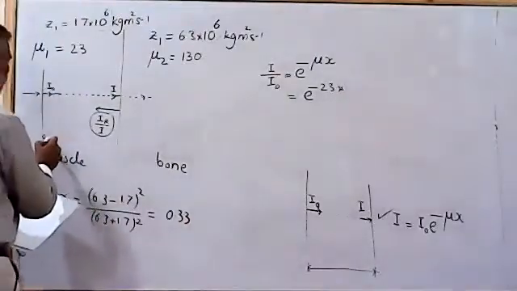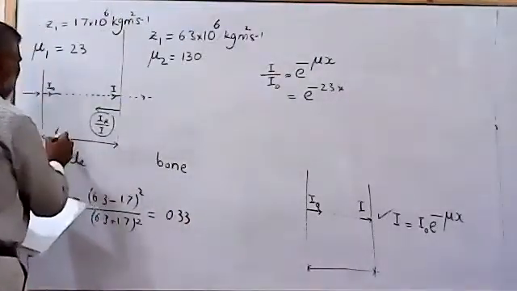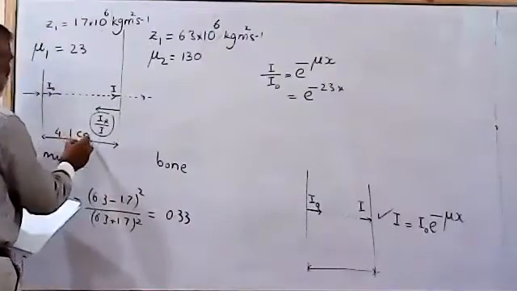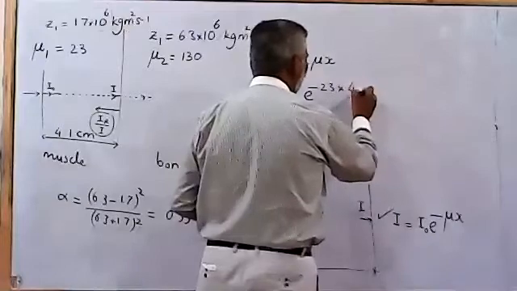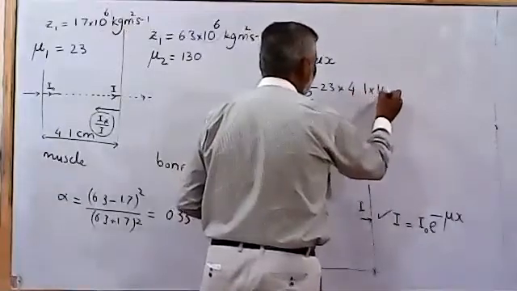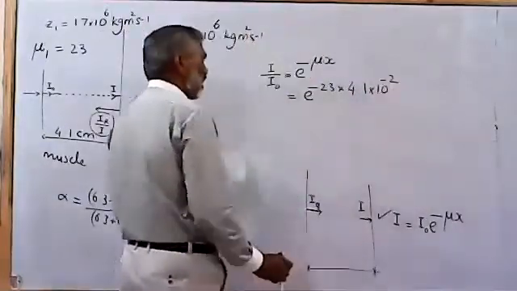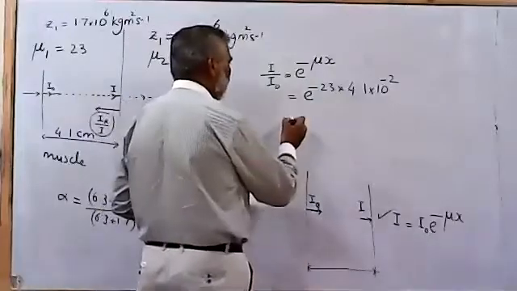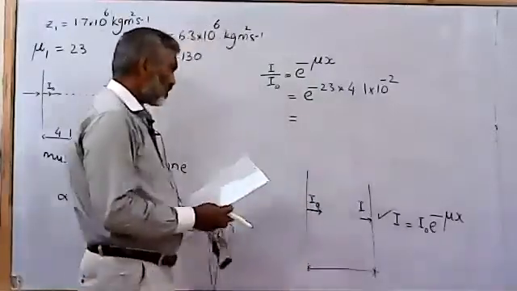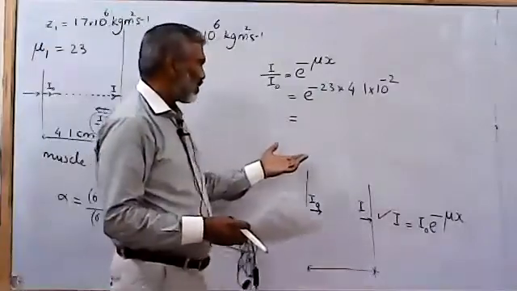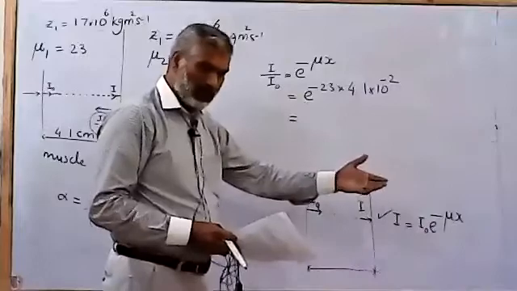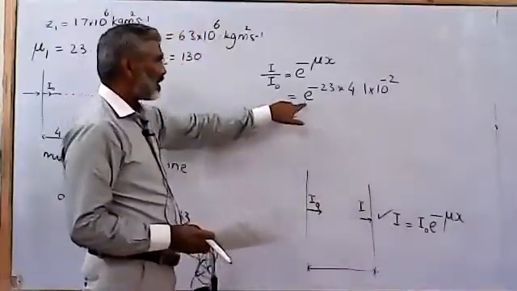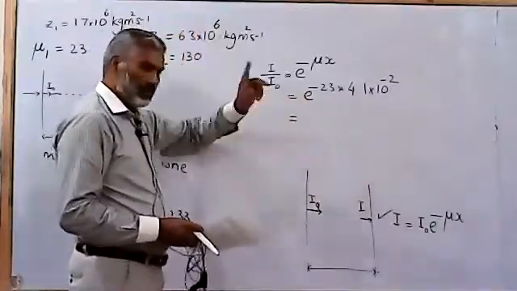The thickness of muscle is given to be 4.1 centimeters. So 4.1 centimeter means 4.1 into 10 raised to the power minus 2. So if you are using a scientific calculator, there is a function that appears on the screen if you take this calculator to the second mode.